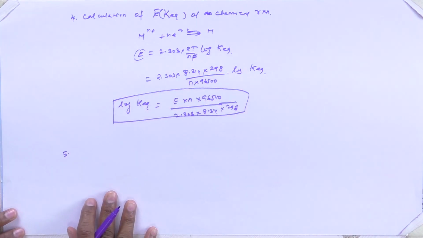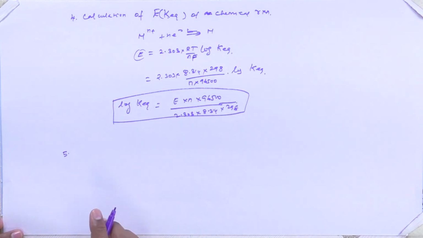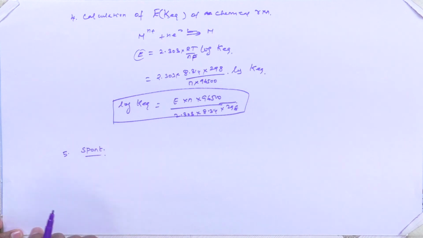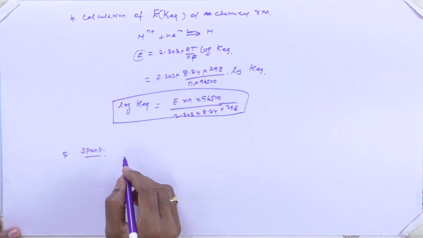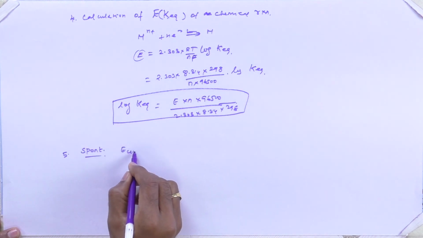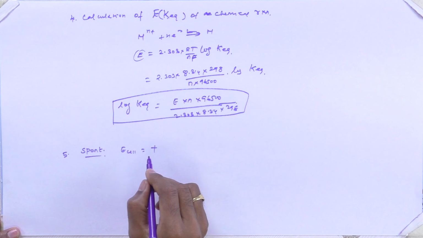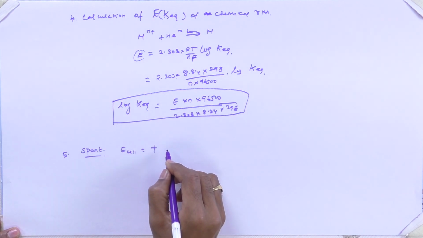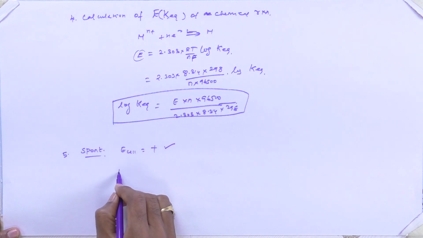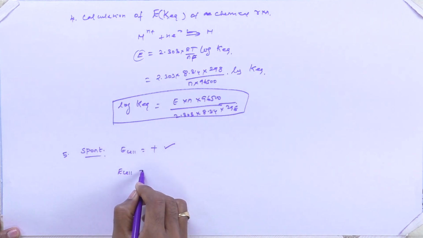And the last application of electrochemical series is predicting the spontaneity of the chemical reaction. As we discussed earlier, when we construct an electrochemical cell, the E cell value must be positive. If the E cell value is positive, we can claim that the cell reaction is spontaneous.